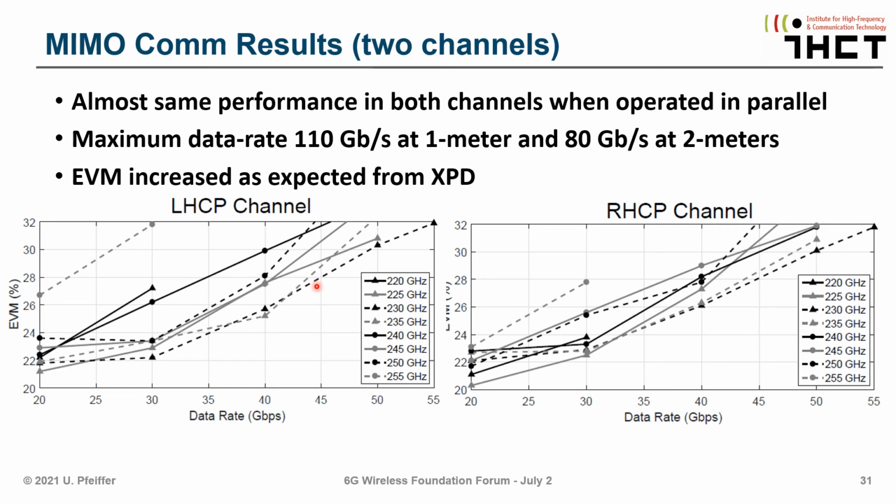If you operated at 40 gigabits per second, then you could even go up to 80 gigabits per second in both of these channels over a range of 2 meters. So we kind of get the same performance that we got on every single channel just twice. And that, of course, indicates that this kind of concept of increasing the data rate through two orthogonal orientations, circular left and right polarization, kind of works.